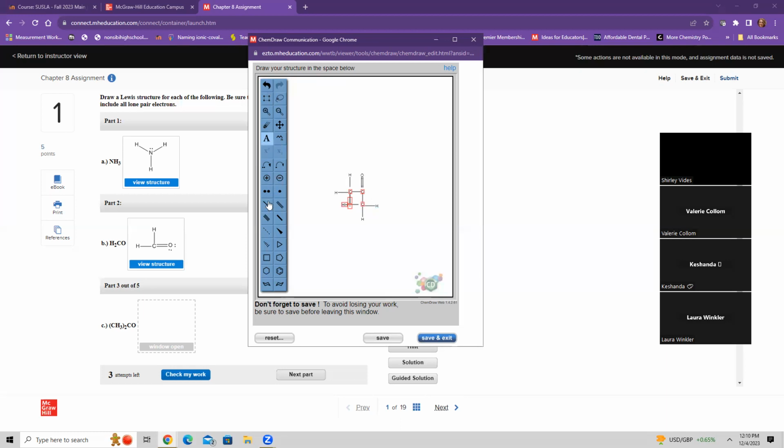Okay, where is a shift? There's an eraser. I didn't notice that until just now. Trying to figure out how to move him out of here because he's getting in my way. This one doesn't have a hydrogen yet. This one has too many.